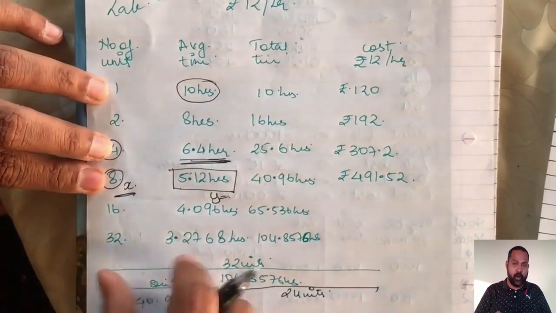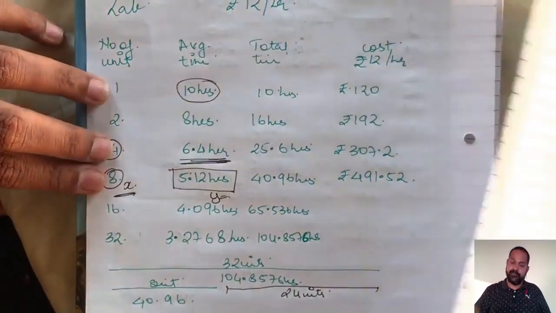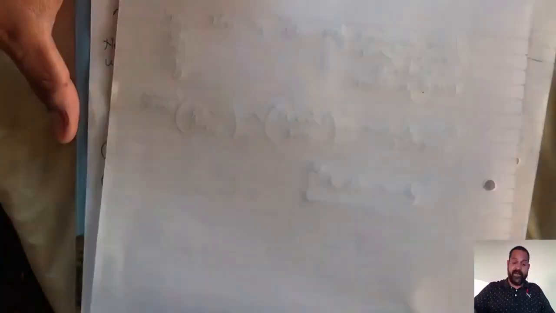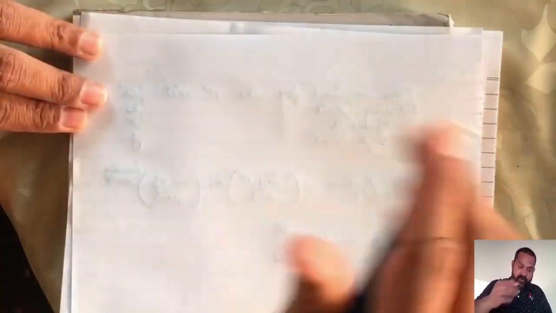And according to this formula also, your answer should be 5.12. Okay, let me verify that for you. Let's begin. What is my learning curve model?